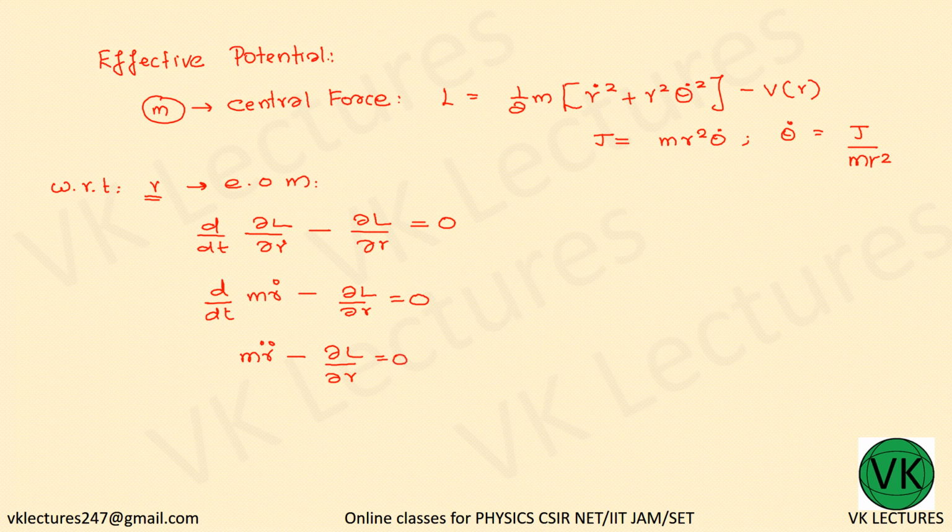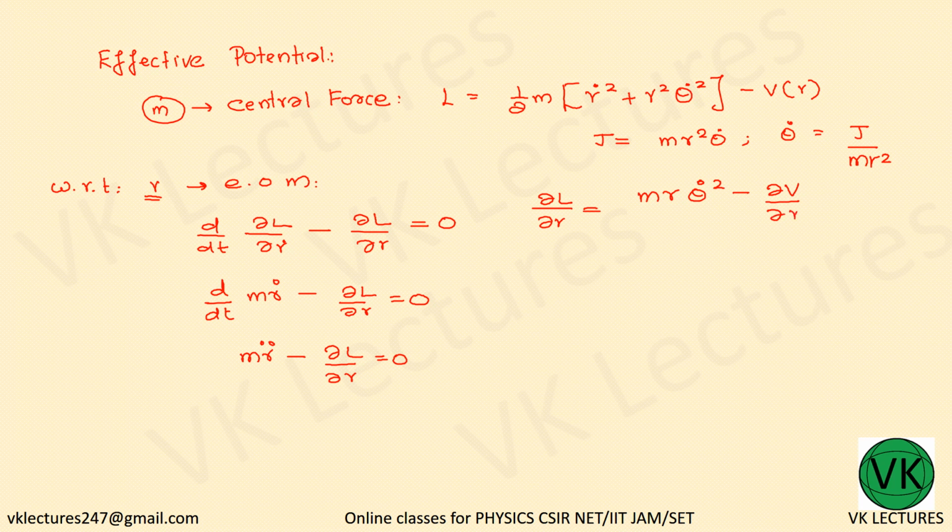Now what is dou L by dou r? Dou L by dou r is equal to m r theta dot squared minus dou V by dou r.